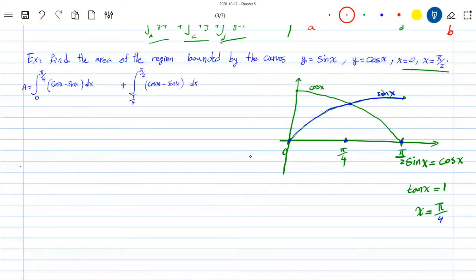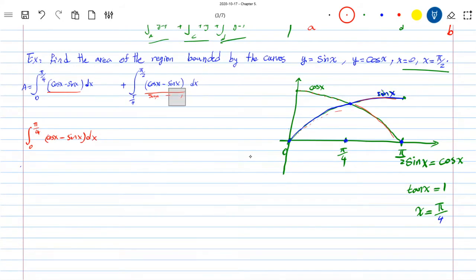I'm going to calculate the integral from 0 to pi over 4 of cosine x minus sine x. By the way, the correct order from 0 to pi over 4 is cosine x minus sine x, because cosine is on top. From pi over 4 to pi half, it's supposed to be sine x minus cosine x.